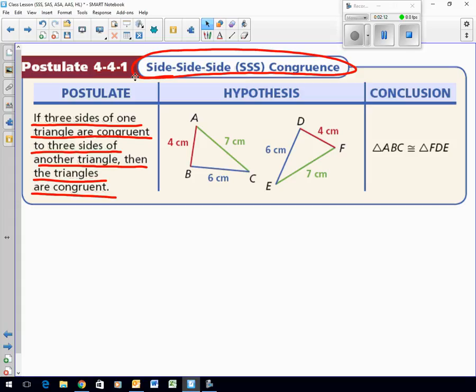So in their example, AB is 4 centimeters, DF is 4 centimeters, BC is 6 centimeters, DE is 6 centimeters, AC is 7 centimeters, EF is 7 centimeters. I've got 3 sides that are congruent in 2 different triangles. Therefore, I can go ahead and conclude that those 2 triangles are congruent.